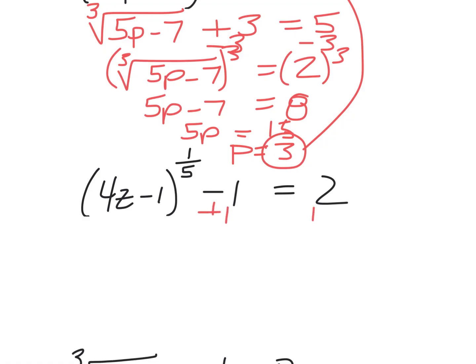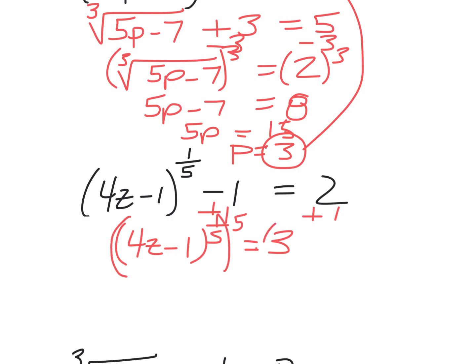Next example here, I'm going to add 1. At this point, instead of rewriting this, I'm going to realize it's the 1/5 power, which to undo that, that's the 5th root. I would be taking both sides to the 5th power. I will undo that. I would have 4z minus 1. 3 to the 5th is 243.